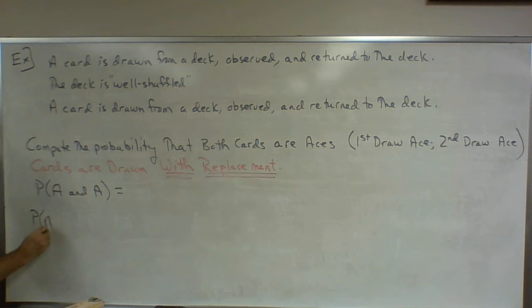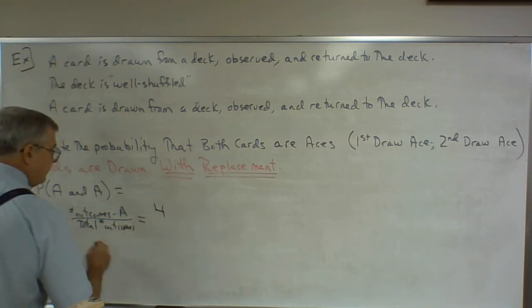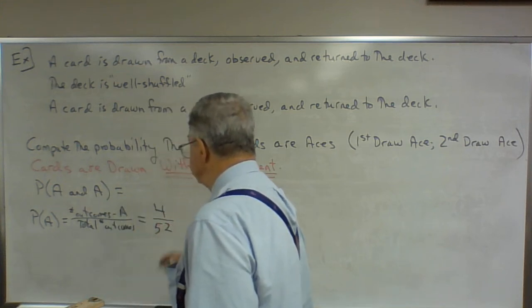And the probability of an ace on the first draw, that's the number of outcomes resulting in an ace over total number of outcomes. There are 4 aces in the deck and 52 cards that can be chosen.